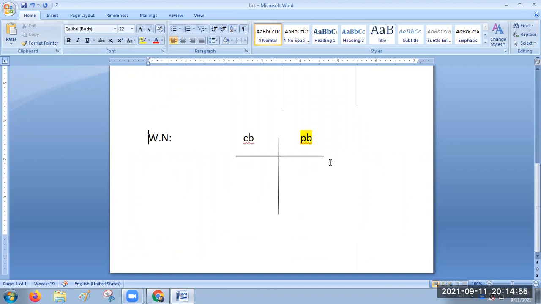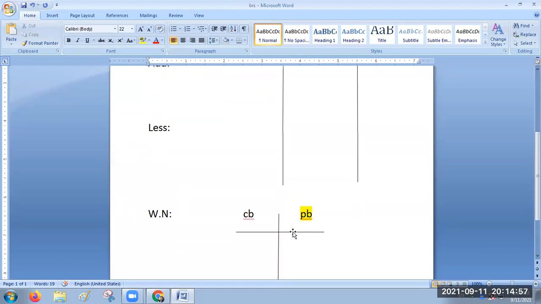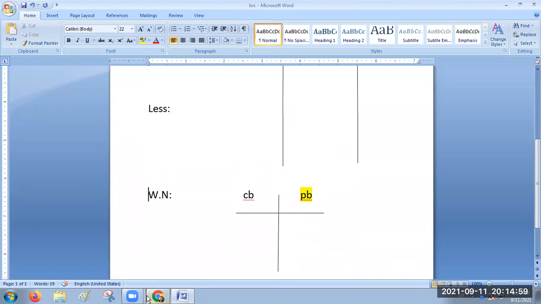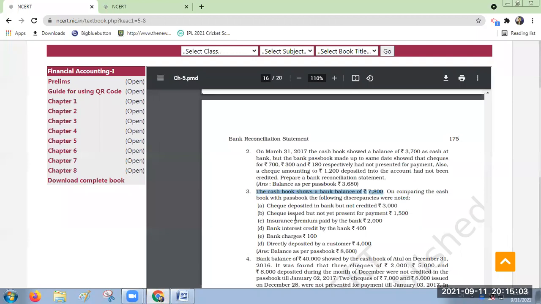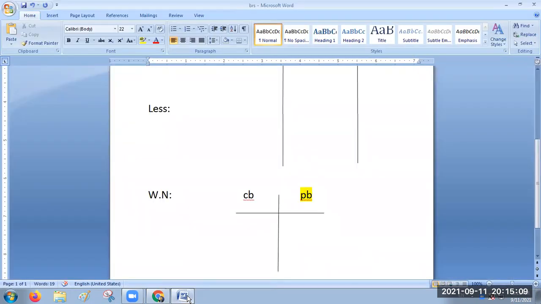If plus is there means we have to add. If minus is there means we have to reduce, you have to deduct. Okay, now first one, check deposited in a bank but not credited. See what happens, somebody has given us a check. So immediately we will think that the amount is added in our passbook also.